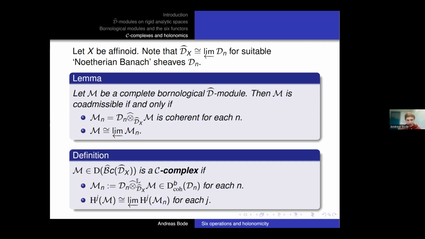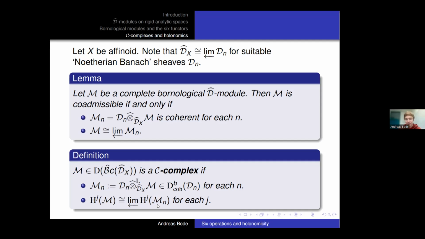If I take some complex of complete bornological D-modules, then I'm going to say that it's a co-admissible complex if the base change to the finite level always gives me something bounded coherent, and I need to find some suitable analog of this inverse limit condition. So let me here just work on the cohomology groups and say for each cohomology group, H^j of M is giving us the inverse limit of the corresponding coherent guys here.